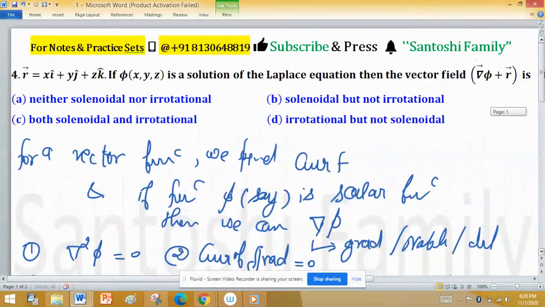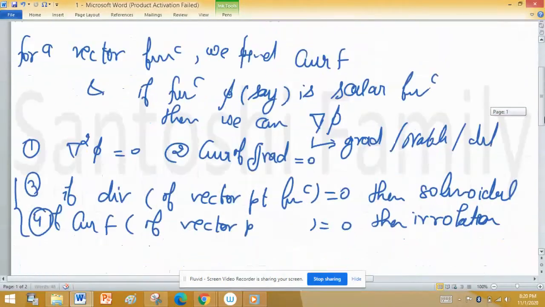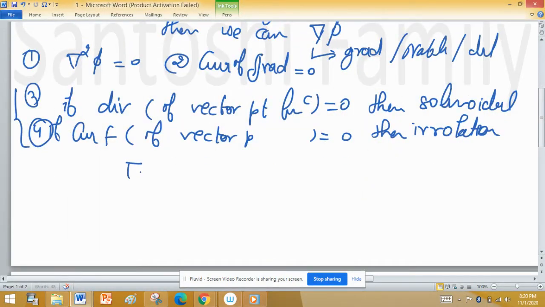Now first we have to check for del phi plus r. We have to check this vector point function.